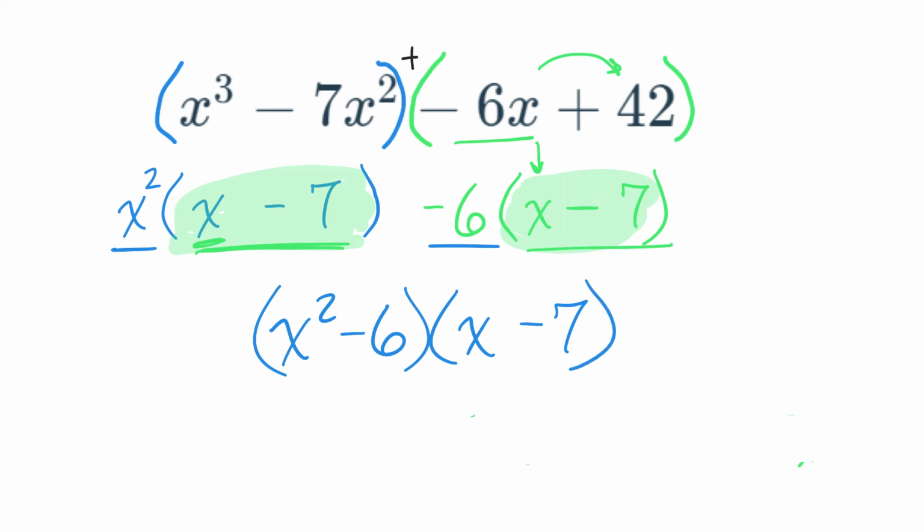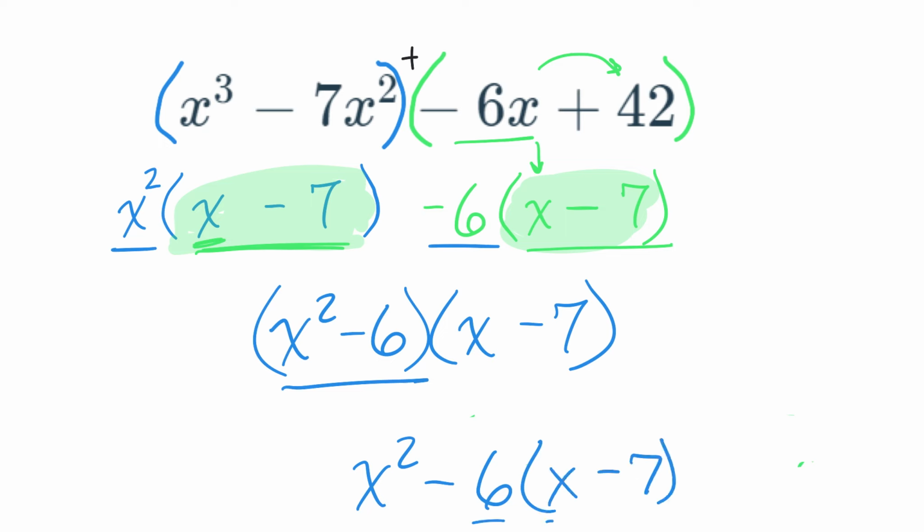It's very important that you put your parentheses around your x squared minus 6. If I had left it without parentheses, only the 6 would be multiplying times the x minus 7, negative 6, which we see, and we would have ignored the x squared. We don't want to ignore the x squared, so the way that we keep that from happening is the parentheses that you see me put around the x squared minus 6.